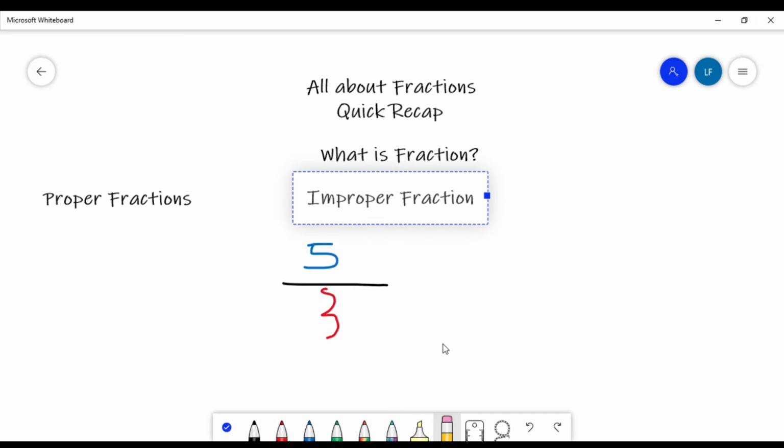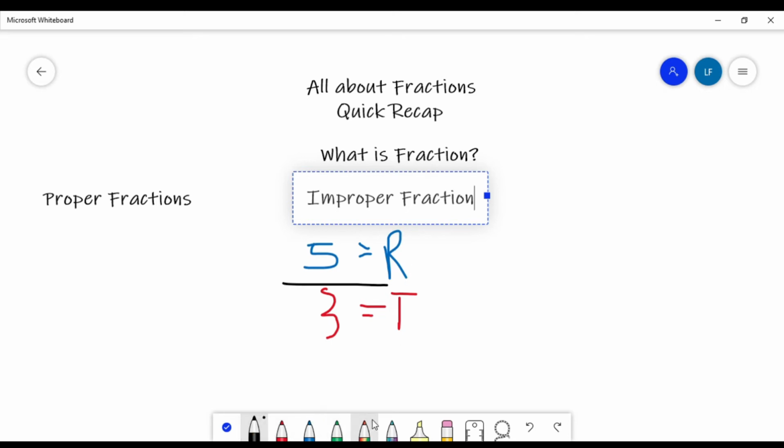Now, why are they known as improper fractions? I mean, everybody must have had a question, right? The reason is, well, we know that the denominator is the total number of pieces and the numerator is the remaining pieces, or the eaten amount of pieces.